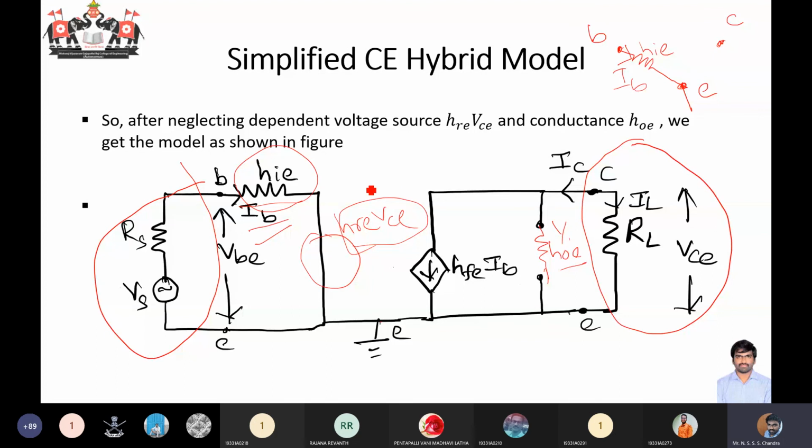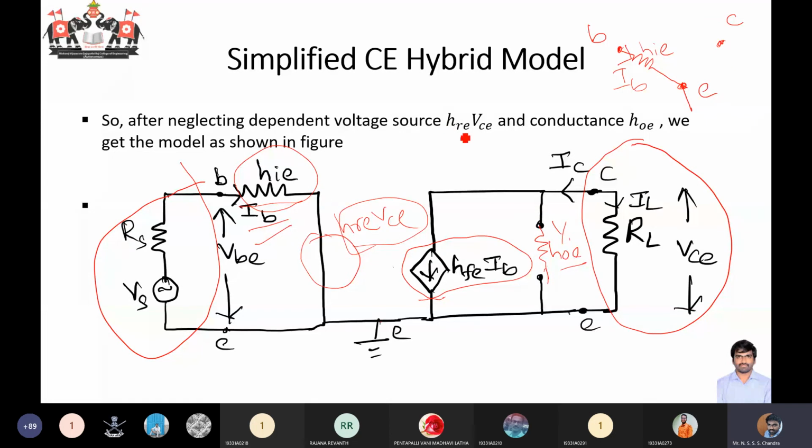And then between your collector and emitter, what is the element that you have? A dependent source, right? Not RL. I told you to remove this RL and the RS, VS values. These are external values. You are giving an input voltage source and taking the output voltage across a load resistor. These are external; I am only considering the transistor now.